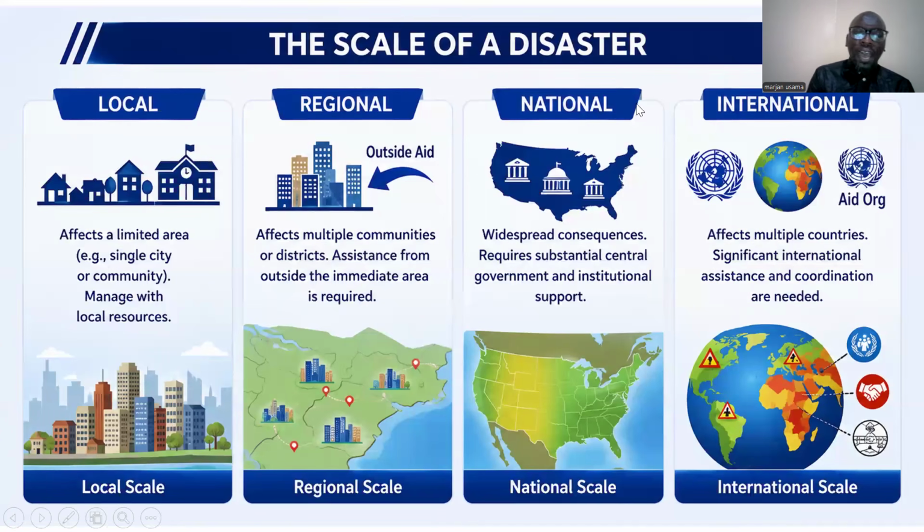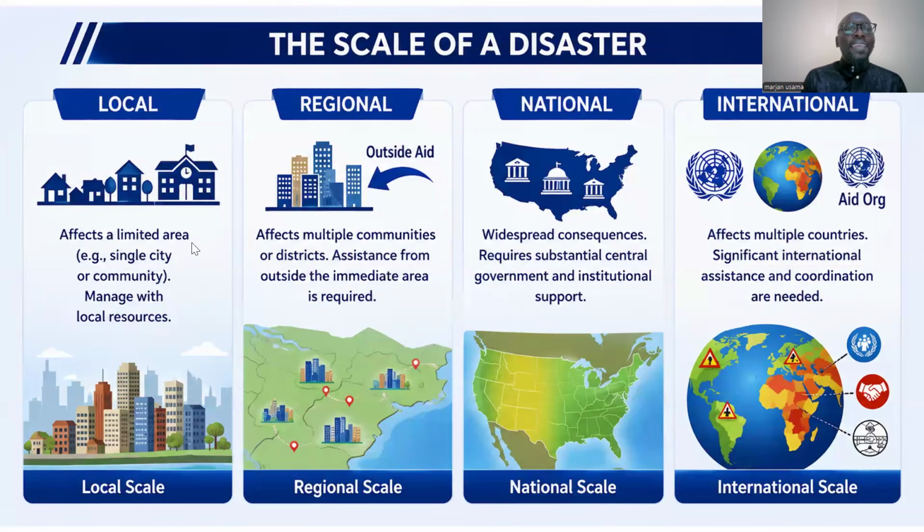Now, we also have, lastly, the classification of disaster based on scale. When we are talking about scale, we are talking about the classification of the disaster according to size, extent, in relation to the place. So number one, you have local.